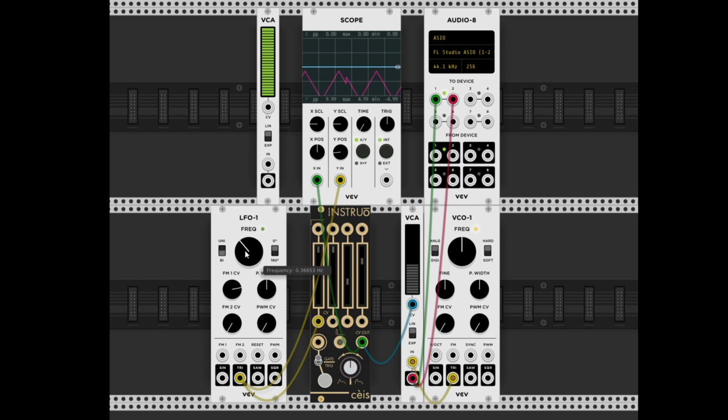So when I increase the frequency, I get a different relation of the two envelopes' attack stages here. And let me increase it even more.